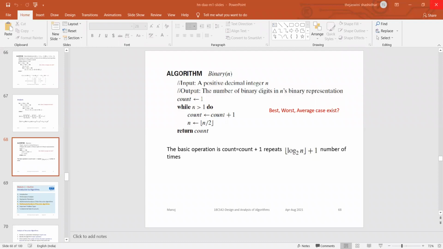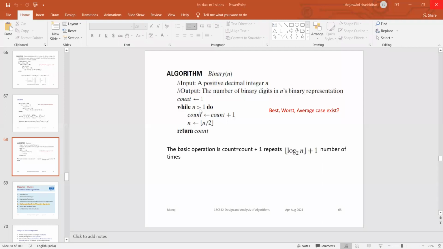Convert the given number n as n equal to n divided by 2. This is the formula you can use for converting a decimal to binary. Whatever decimal number you take, you keep dividing it by 2, and that converts the decimal into binary. So this is the formula. Return count.